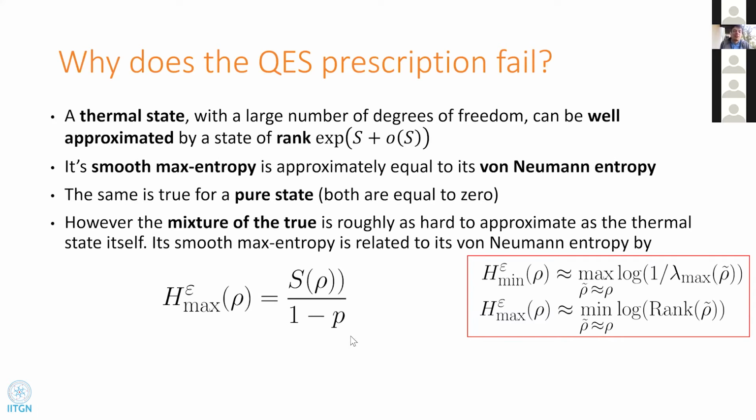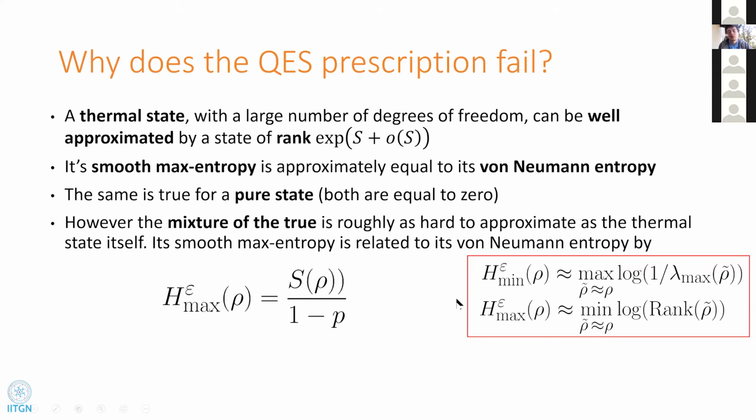So for this mixture of the two, the smooth max entropy is equal to the von Neumann entropy of the thermal state, and this is not equal to the von Neumann entropy of the mixture. It's equal to the von Neumann entropy of the mixture divided by 1 minus p. So it can be a lot larger than the von Neumann entropy of the mixture.